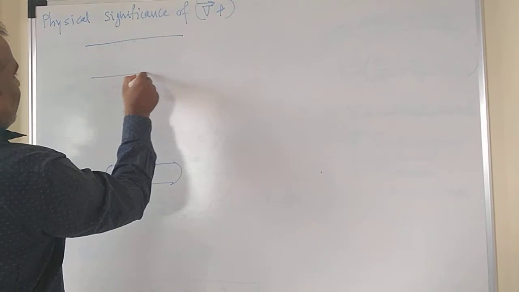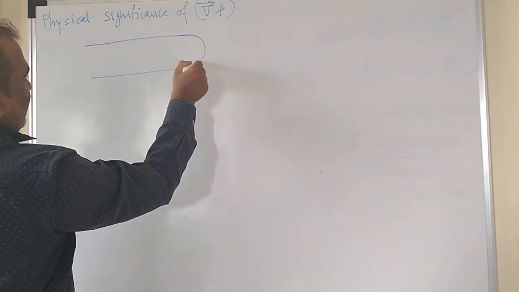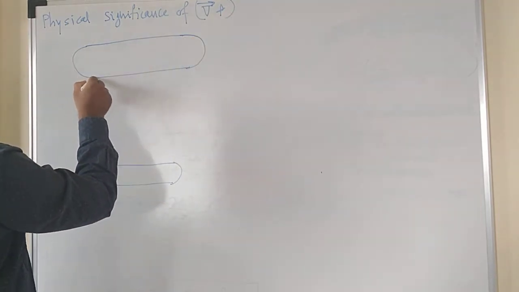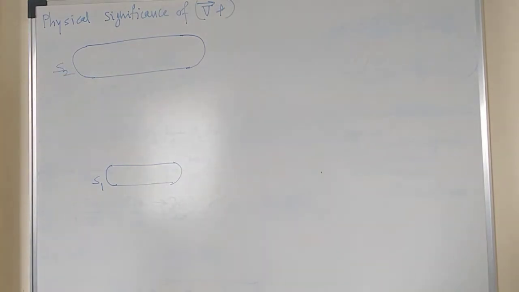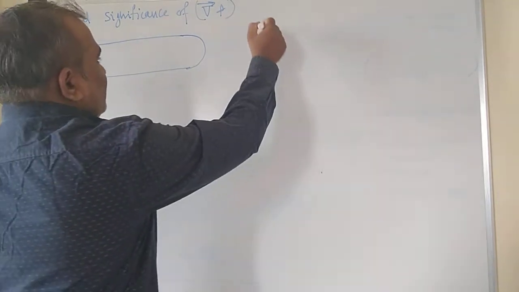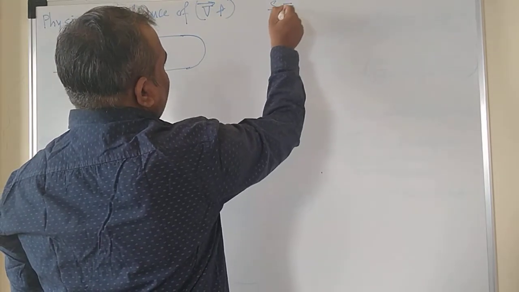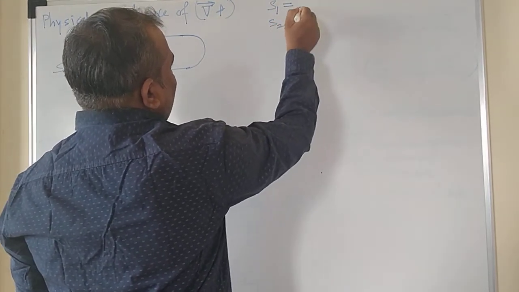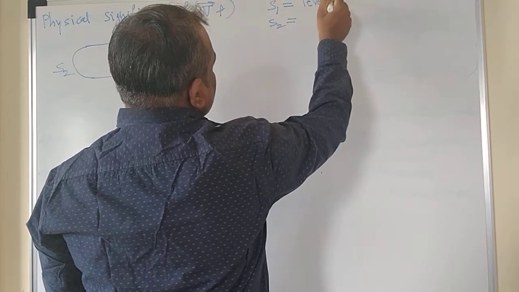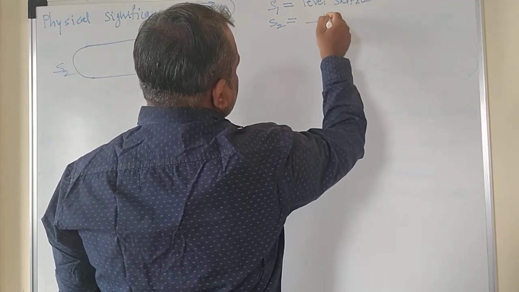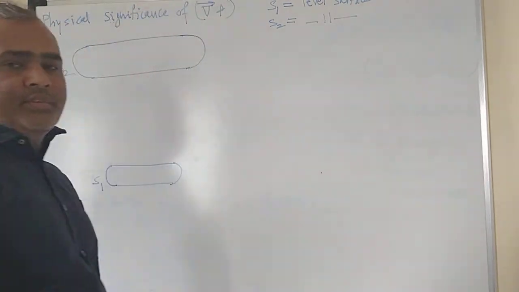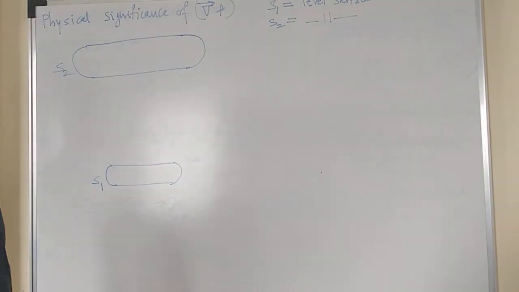Let me draw this second level surface somewhat bigger as compared to the first one. So this is S1 and S2. What are S1 and S2? S1 and S2 are the level surfaces. And this is a second level surface. Right?